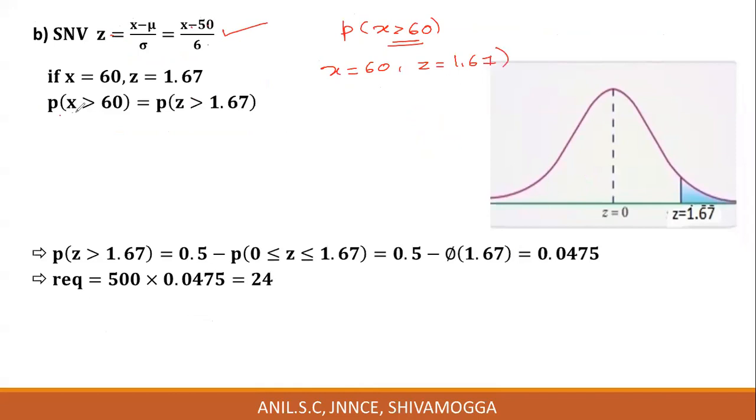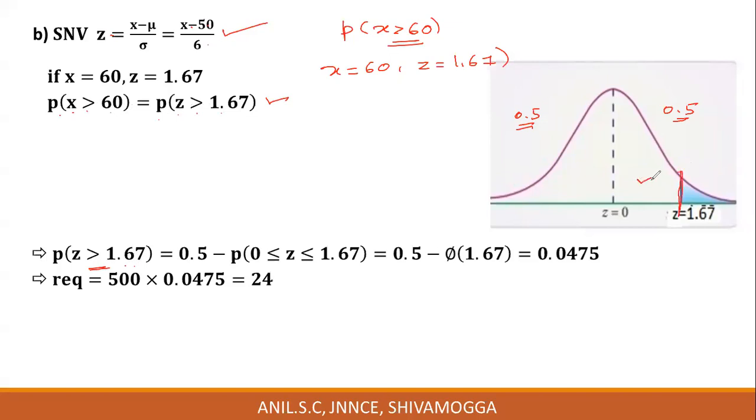Therefore, writing P where x greater than 60 is same as writing P where Z greater than 1.67. Mark this area. This side we have half of the area under the curve, and this side we have half of the area under the curve. Z equal to 1.67 is a positive quantity from somewhere here.